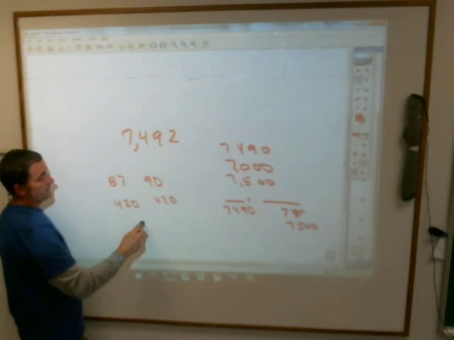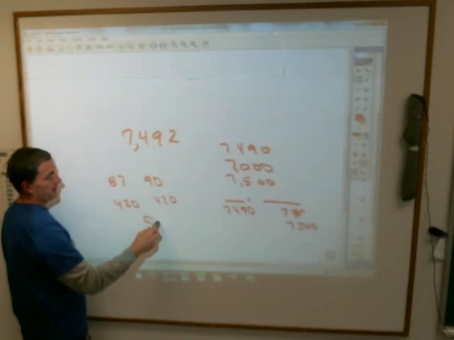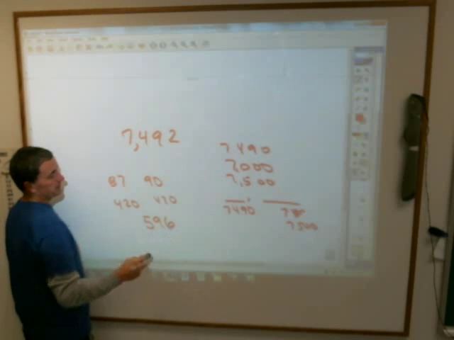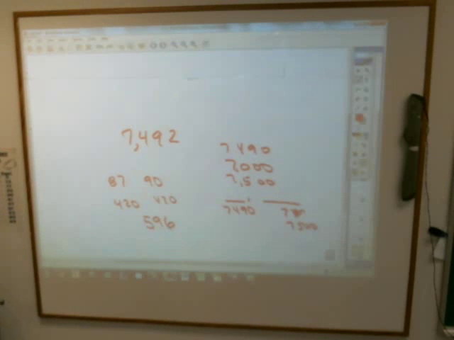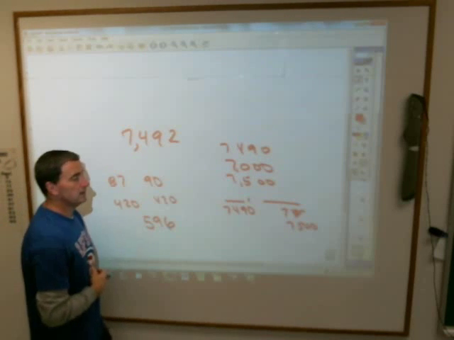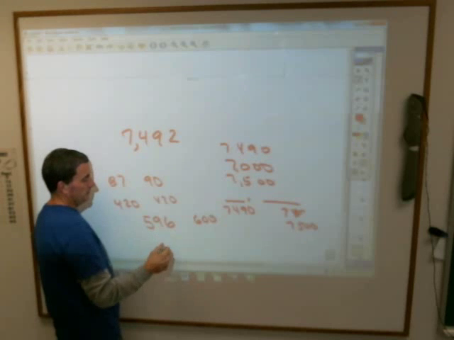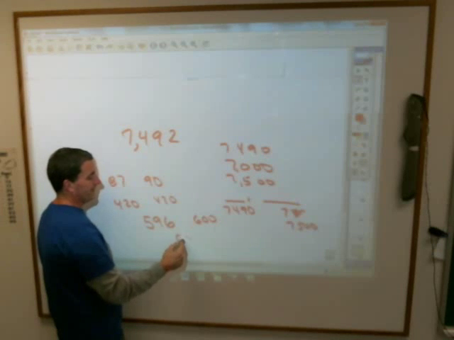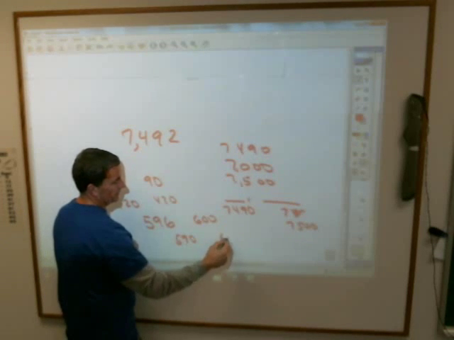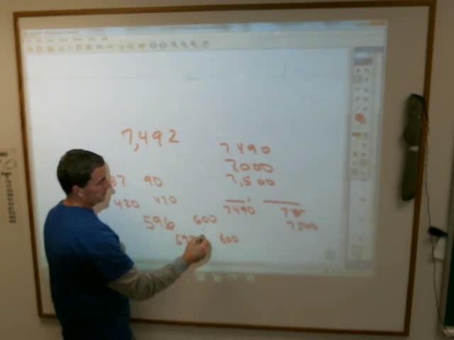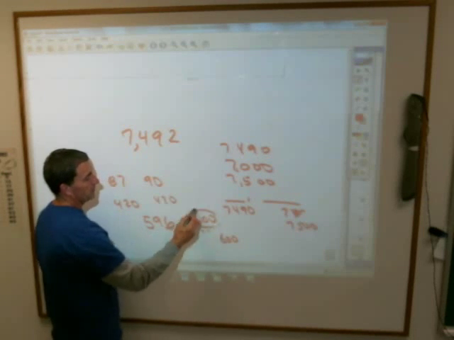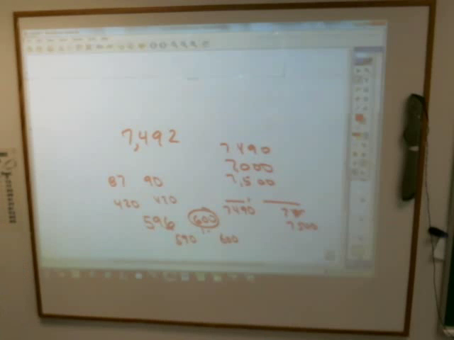What about 596 rounded to the nearest 10? Maya? 600. Exactly, 600. Why did it all change? Because you're counting by tens, so you go 590, and then the next 10 would be 600. It's at 96, so it's going to be bigger than half over here, so 600 it is.